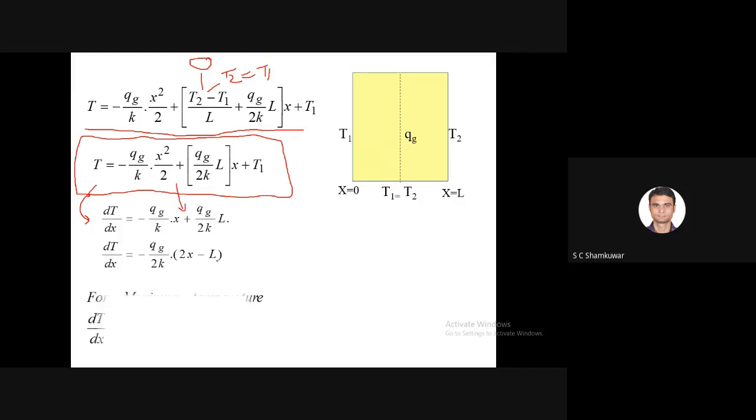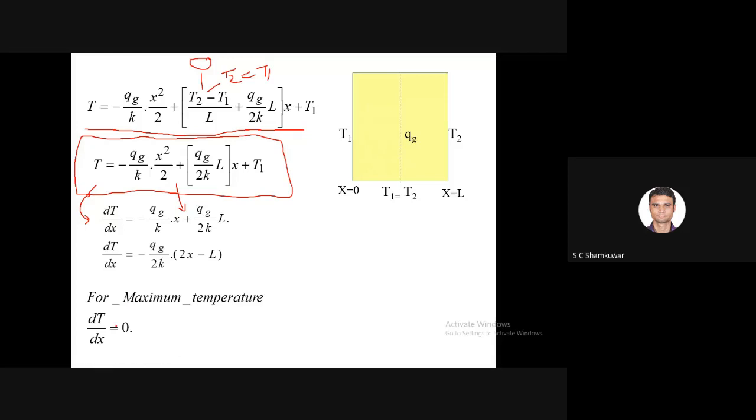Now for finding the maximum temperature, at any point within a slab where the maximum temperature is there, the change in temperature with respect to x will be 0.